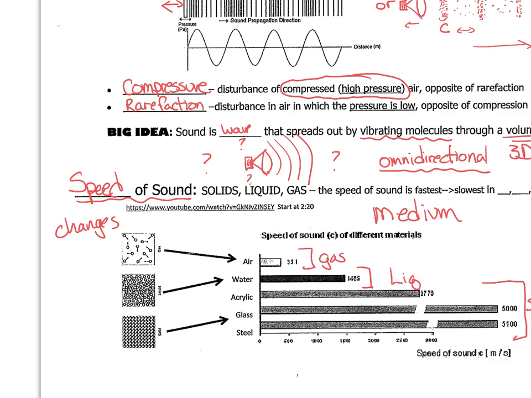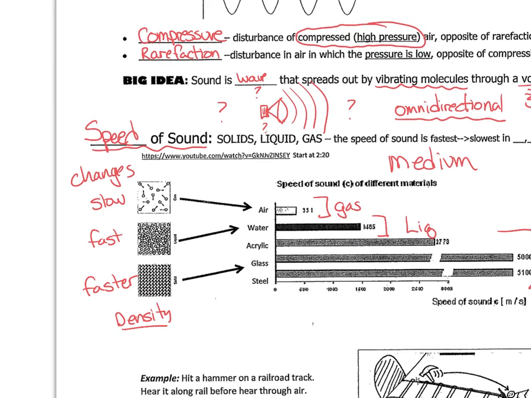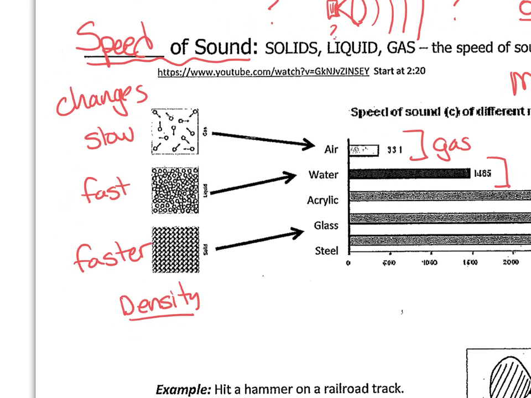Now, we chose air, which is a mixture of gases, but solids are fast, liquids are also fast, but not as fast, so let's call these faster, and then gases are the slowest, and it's due to the density. The molecules of a solid, liquid, and gas are spread out differently. A solid has all of the molecules just about touching in a crystal structure.